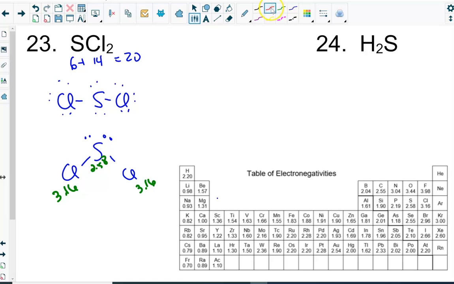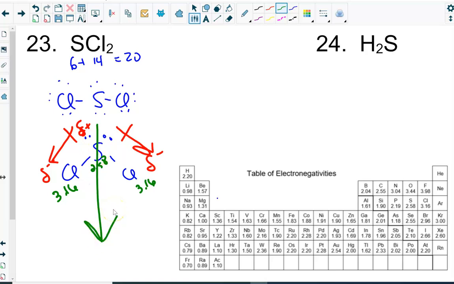You do not need to do the part where you put the partial negative and partial positive. This is going to be partial negative in that one. So it's going to go this direction there, and then this one's going to go this direction. So overall, the dipole would be that direction.